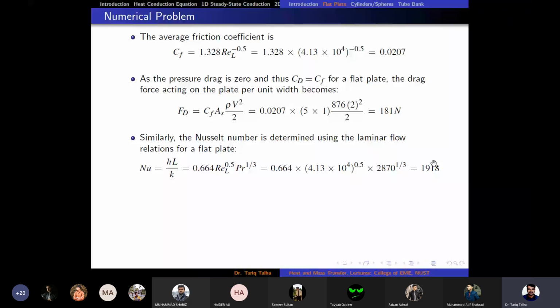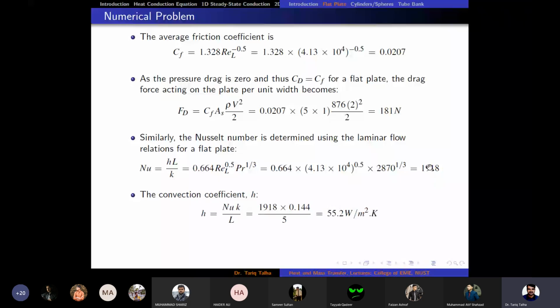Now you can easily see that the convection is very dominant in this case, because when Nusselt number is equal to 1, that is the case of pure conduction in the fluid. Now the convection phenomena is very dominant. It is like 2000 times more than what we would have when it has got stationary fluid.